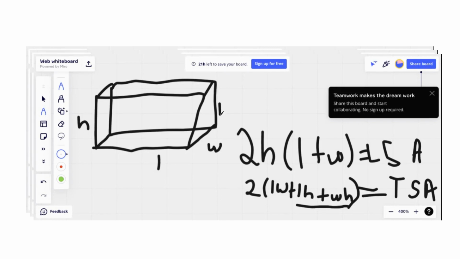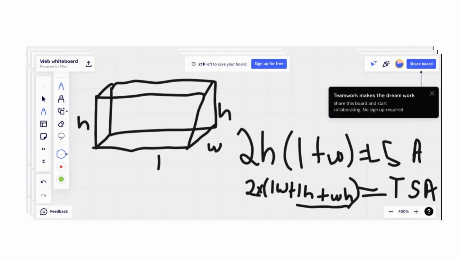Now, why are we multiplying this by 2? Because this is 3D. We're not just talking about one particular side, because in a room there's a floor and a ceiling. The length times width is on the floor, and there's also that on the ceiling.